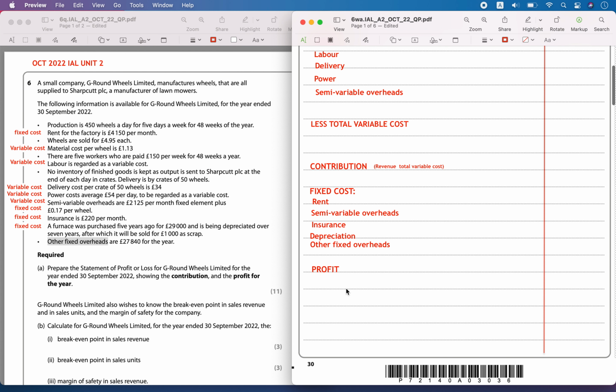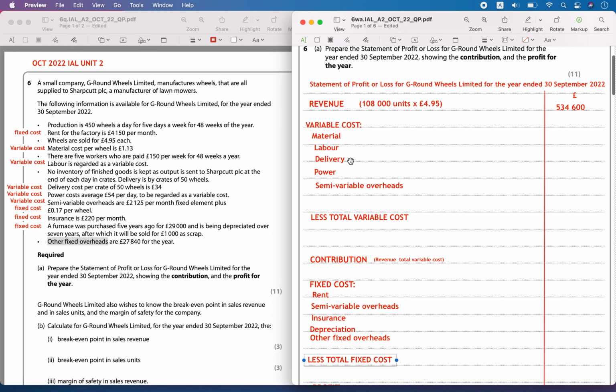So these are the total fixed cost. So from the contribution we have to reduce it, and then we get the profit.